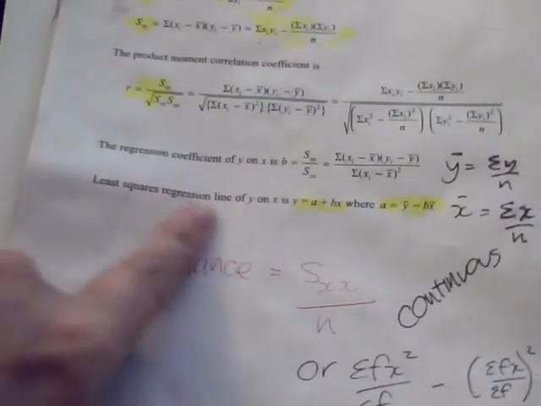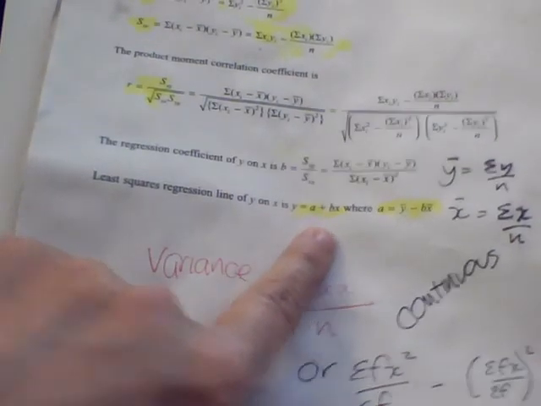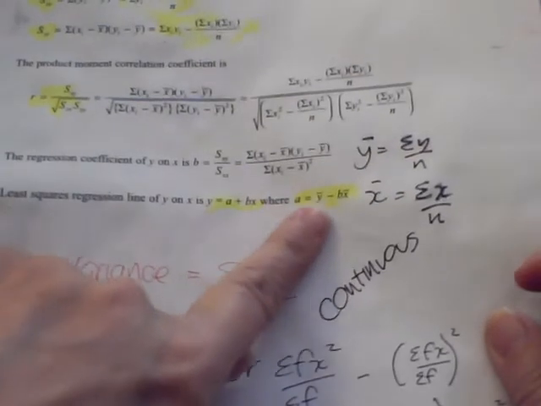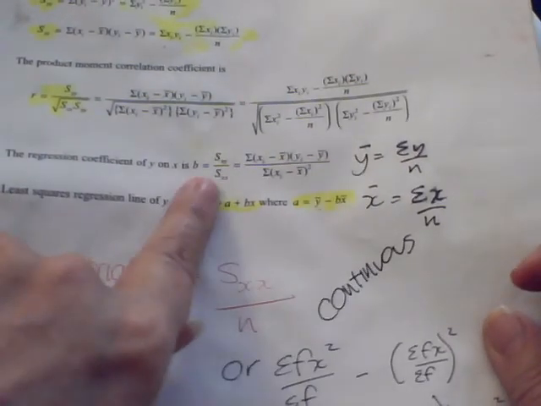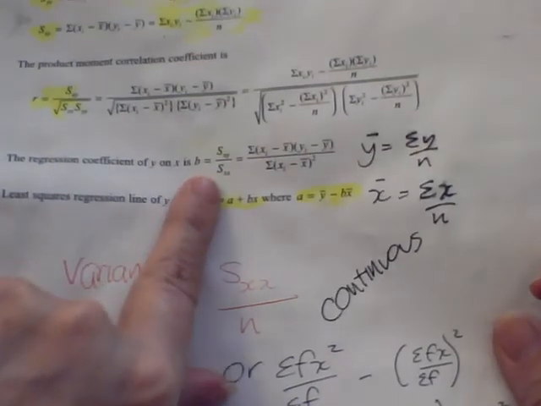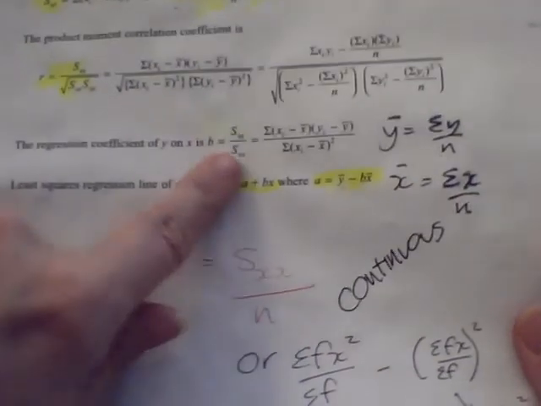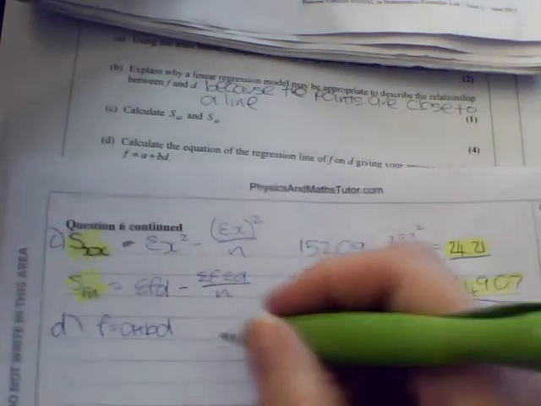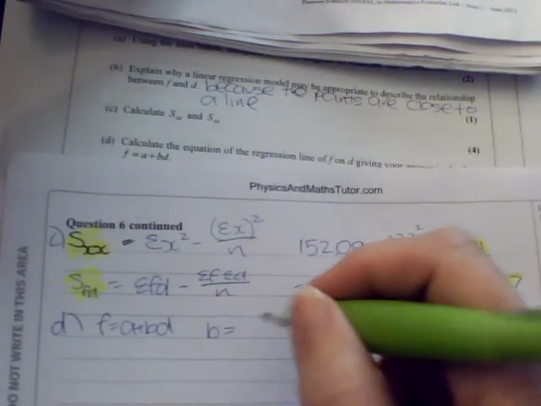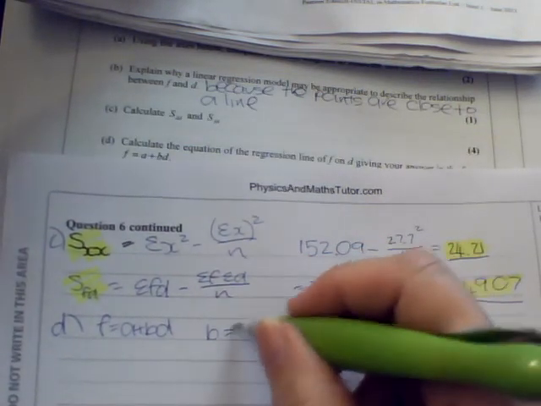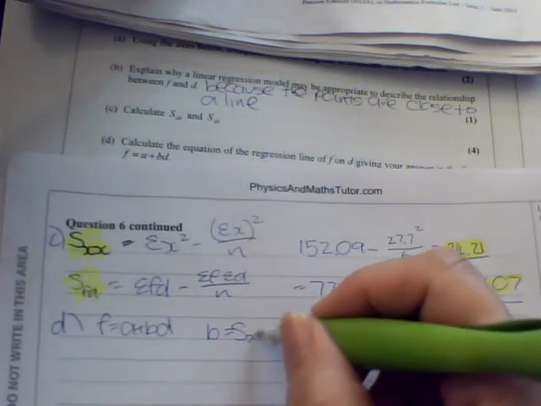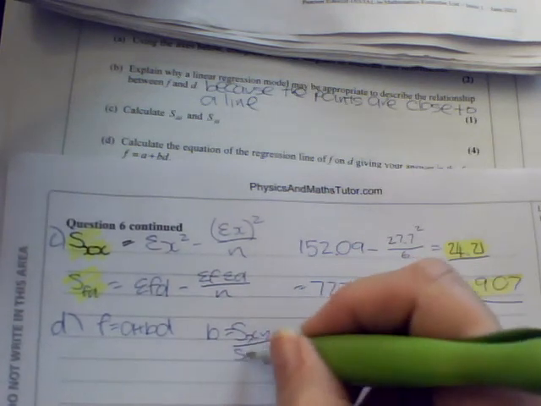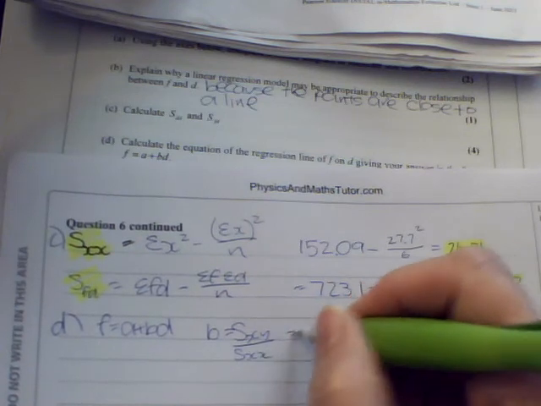Y equals a plus bx, which is pretty much how they want it, where a equals this, and we need to work out b first. So b is the s of xy divided by the s of xx, which we've just worked out. That's rather convenient. So let me write that down.